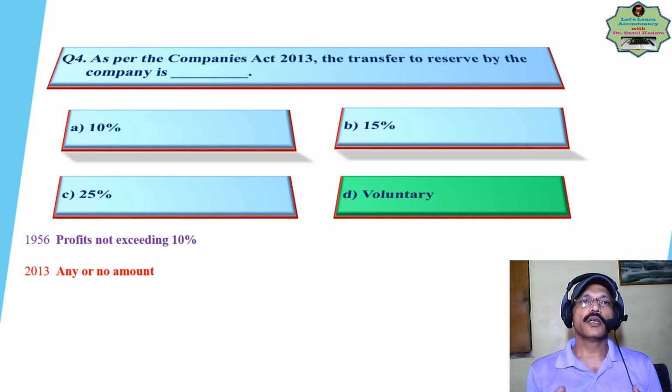But here they have withdrawn it. They have not taken it that seriously. They are given the option: you may or you may not. You can transfer any amount or no amount to the reserve. This is the choice that has been given. Therefore, the option voluntarily is correct for this particular MCQ.